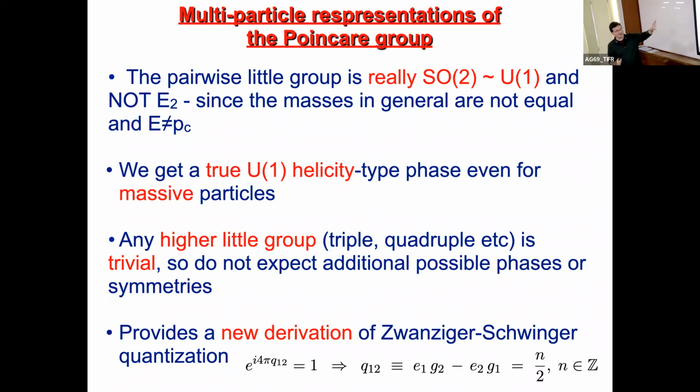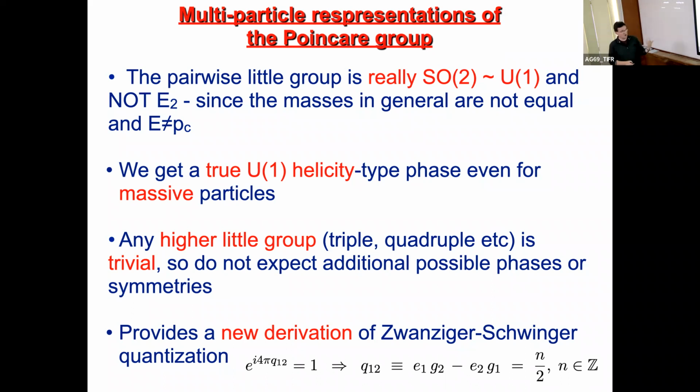Maybe that one is more easily seen this way: if you use up some of your rotational symmetries to put one particle into its own rest frame, then the momentum of the second particle would pick a direction. But if you have a third particle, then there's no more symmetry left over. So there's no such thing as a three-particle little group in 4 dimensions. If you go to higher dimensions, then there would be such an object.